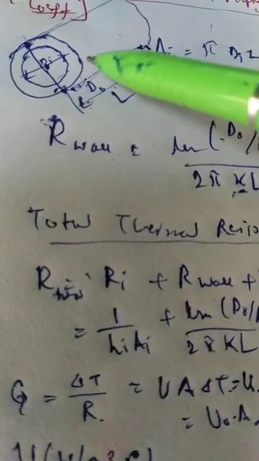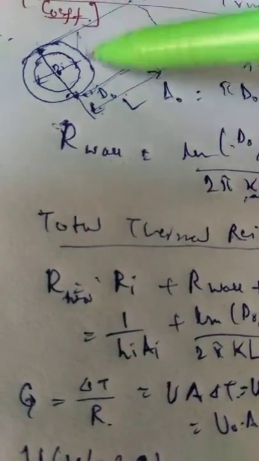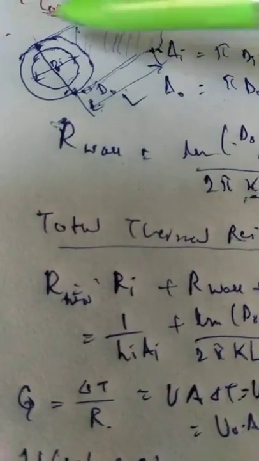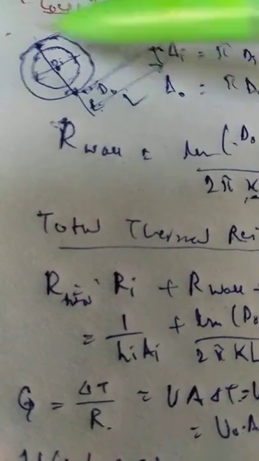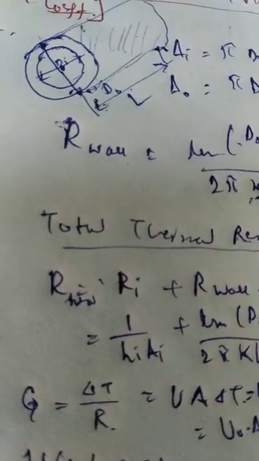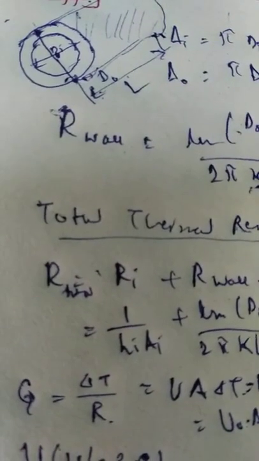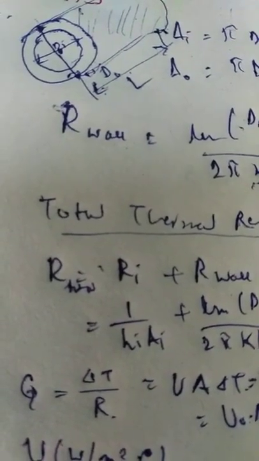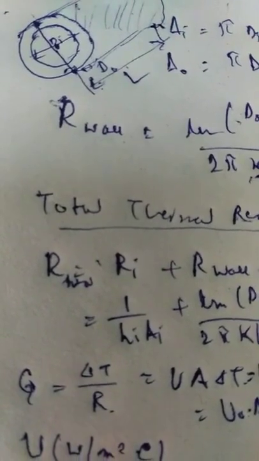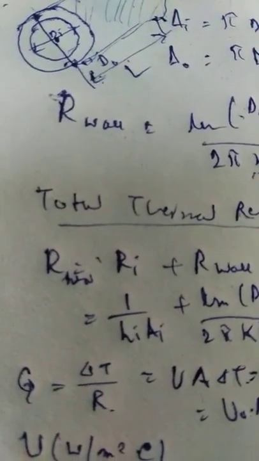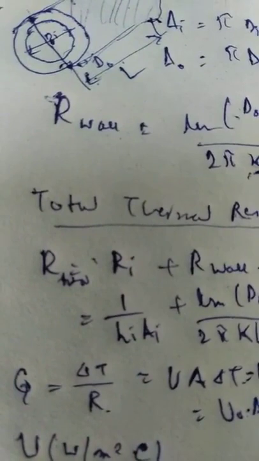Because there are two surface areas, the outside and the inner curved surface area. So we will have two overall heat transfer coefficients because there are two areas, AI and A naught, or AO, and these two are not equal to each other.